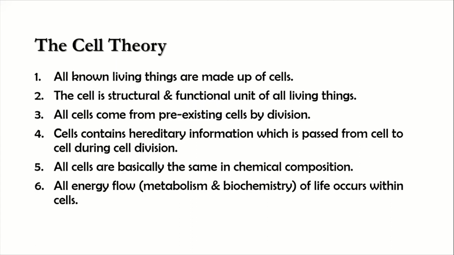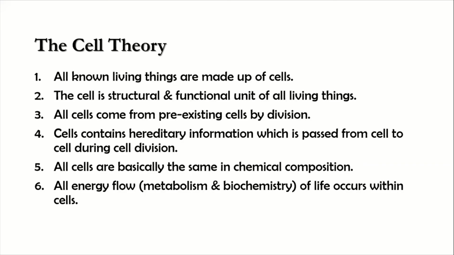The next tenet is that cells contain hereditary information which is passed from cell to cell during cell division. And the next, all cells are basically the same in chemical composition. We'll be discussing the different parts, and then you'll realize that they're really the same in chemical composition. And last, all energy flow, the metabolism and the biochemistry of life, occurs within the cells.